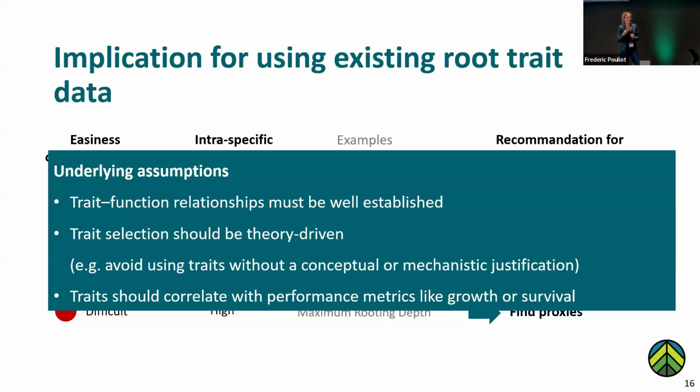You don't want to take a trait just because the data are available. If there is no mechanistic justification for using that trait, don't use it. Finally, if we want to study species as seedling survival, traits should correlate with performance metrics like growth or survival.